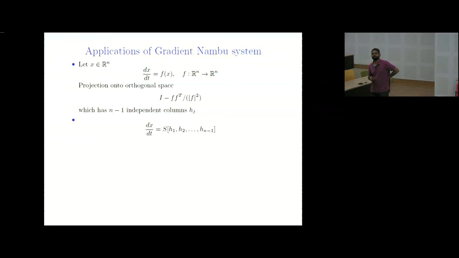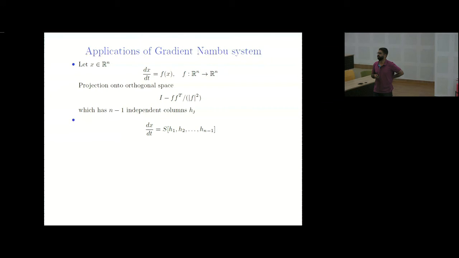What's another application? Suppose you started off with a differential equation. How could you find its Nambu form? There's a very straightforward way to do that, where you look at the projection onto the orthogonal space of the vector defined by F. This matrix has n-1 independent columns.